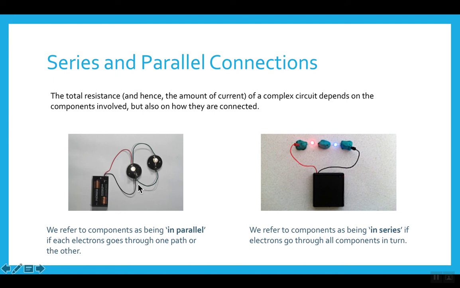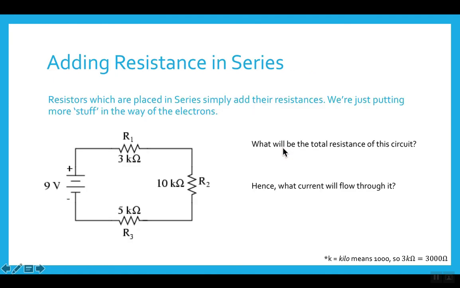Okay. So this is what a parallel circuit looks like really, that's what a series one looks like. So if we add them in series, it's easy, we just add the resistance. So in this circuit, you've got 5 kilo ohms, that's what the little k is, 10 and 3, so we'd add them together to have a total of 18 kilo ohms of resistance.